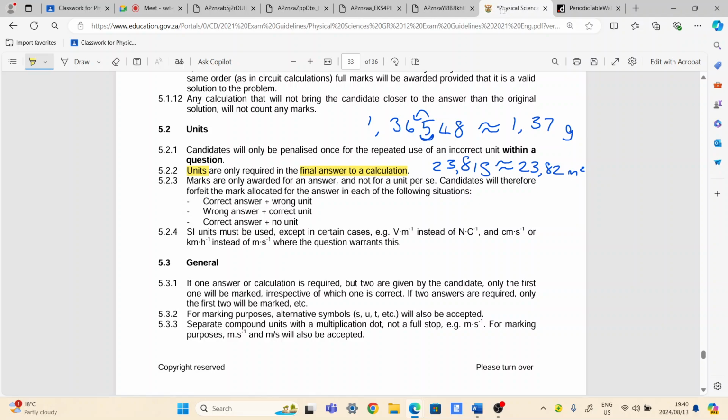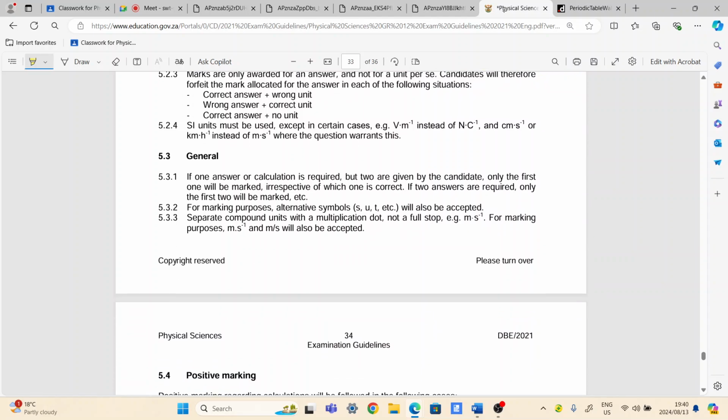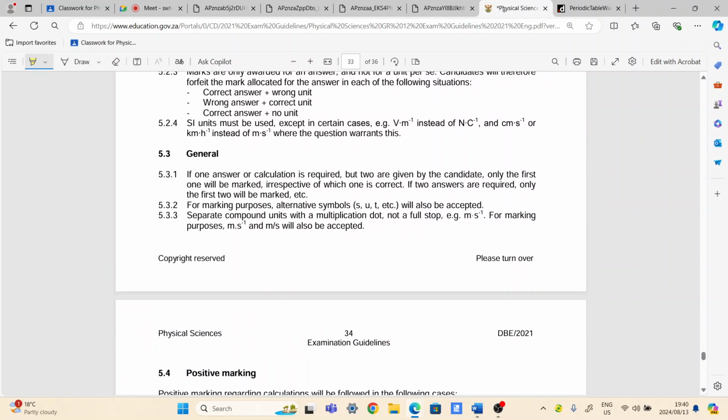Okay. And then it says the SI units must be used except in certain cases. So yeah. Okay, that's fine. Yeah, so it says SI units must be used. That just means that the units that they give you in the equation must be used, or the units that is set for that specific section.